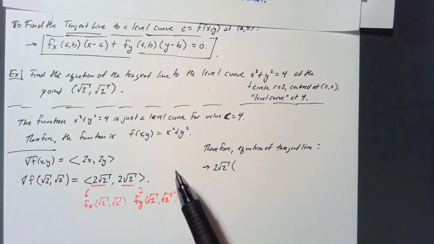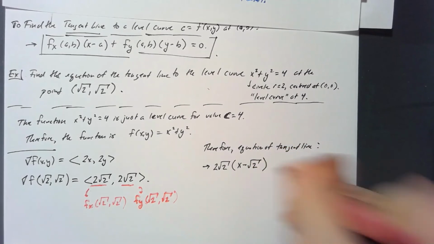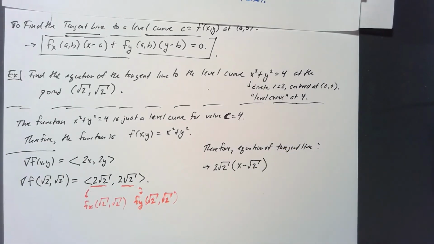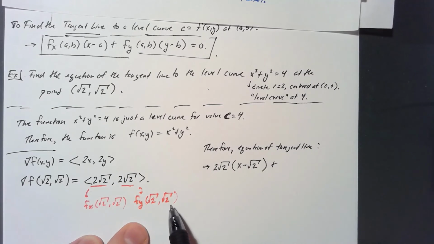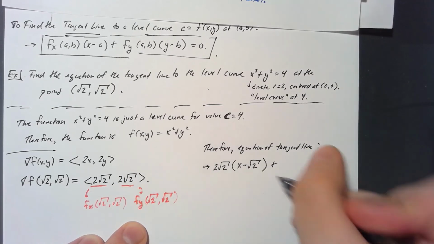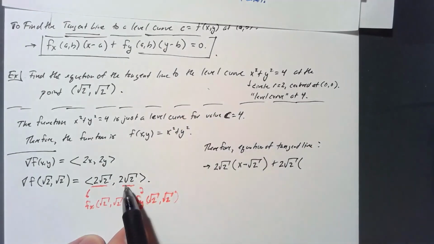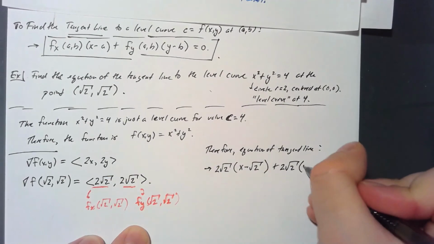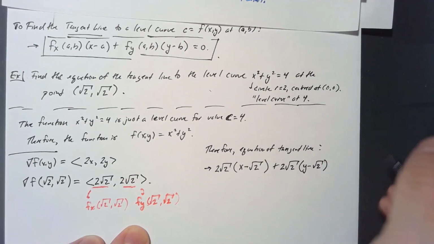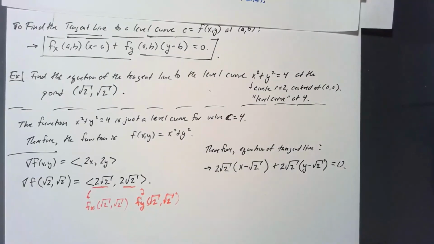X minus my point A, which was root 2, right? The x coordinate of my point. And then that's going to be plus the partial of y at root 2, which was 2 root 2. And that's going to be times y minus the point at B, which was root 2. And that equals 0.